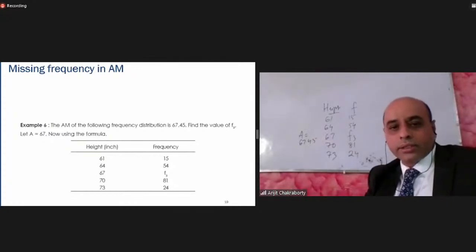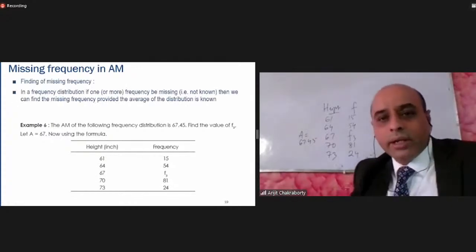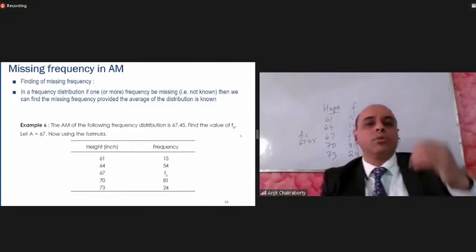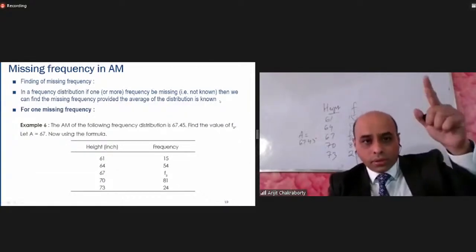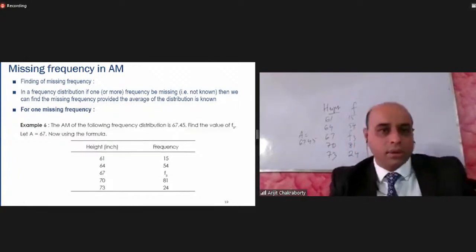So how to tackle this? Let us use the same method for finding the missing frequency. In a frequency distribution, you may get one or more frequencies missing. You can find the missing frequency once you know the average of all the numbers.